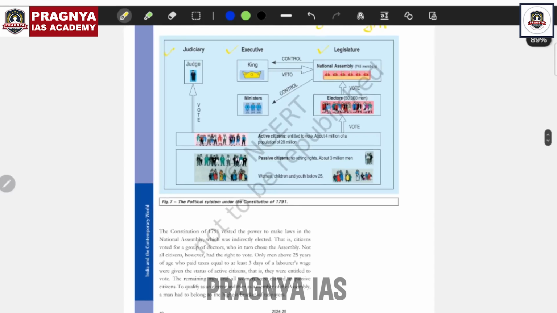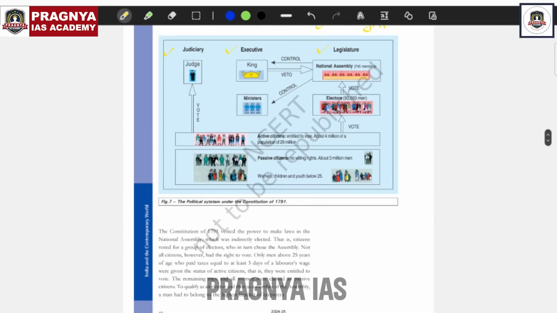See, the Constitution of 1791 vested the power to make laws in the National Assembly, which was indirectly elected. That is, citizens voted for a group of electors who in turn chose the assembly. Interestingly, not all citizens had a right to vote.